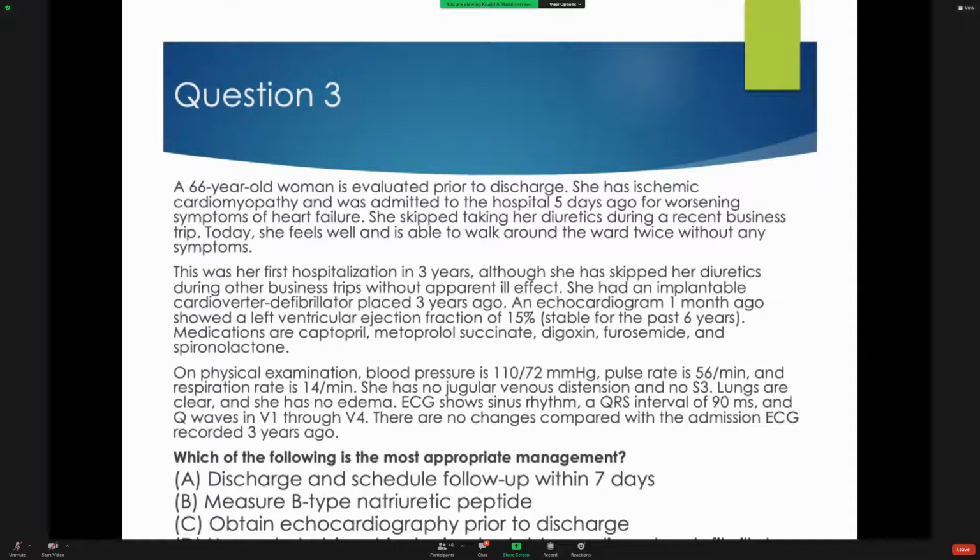There are no changes compared to the ECG recorded three years ago. Which of the following is the most appropriate management? So this is a patient who has ischemic cardiomyopathy, and she was taking diuretics, but she skipped taking them.